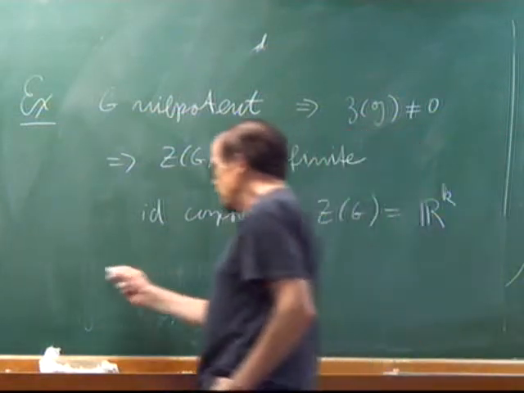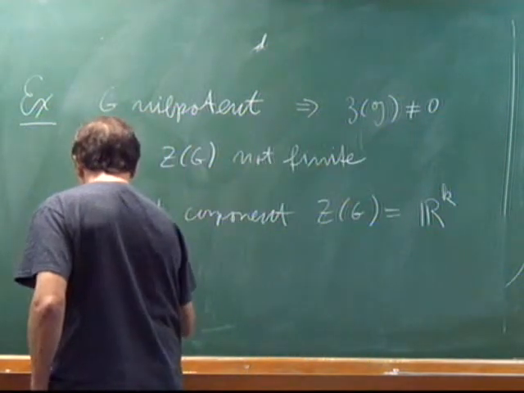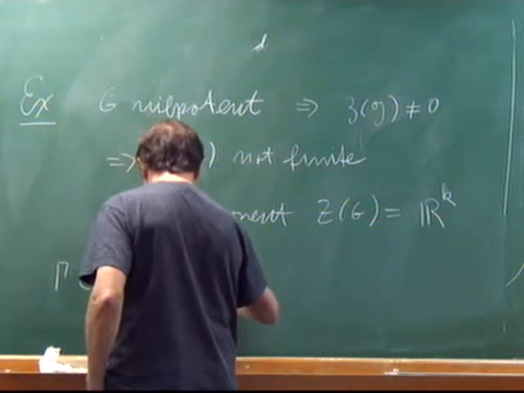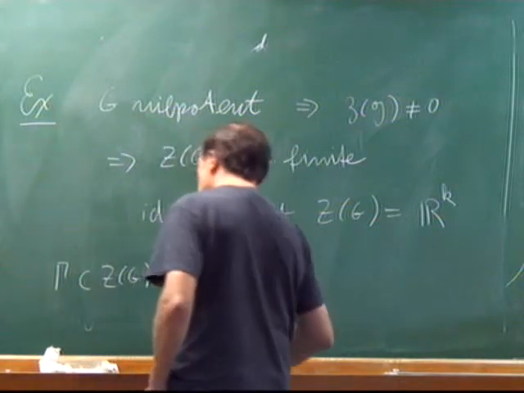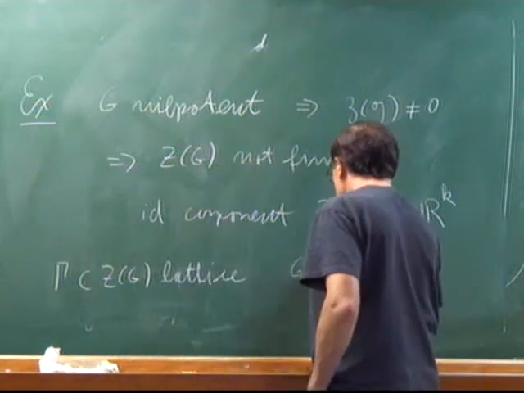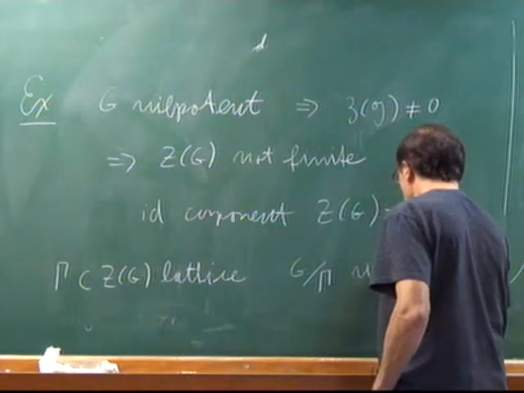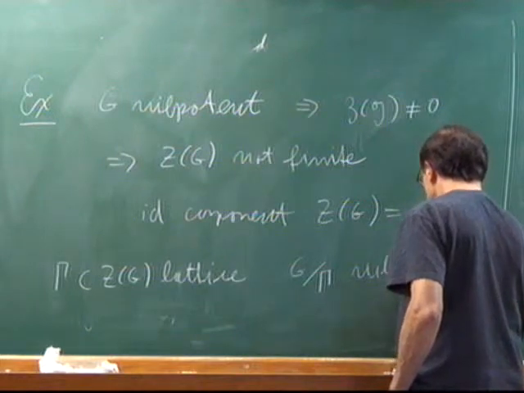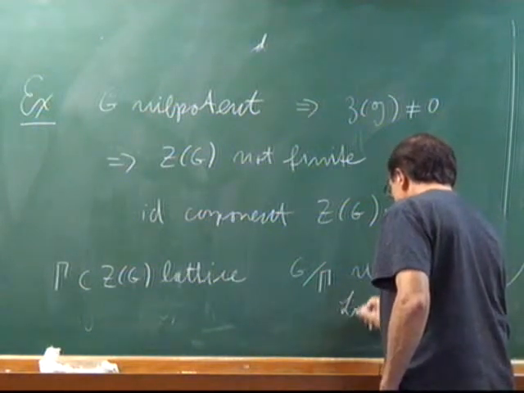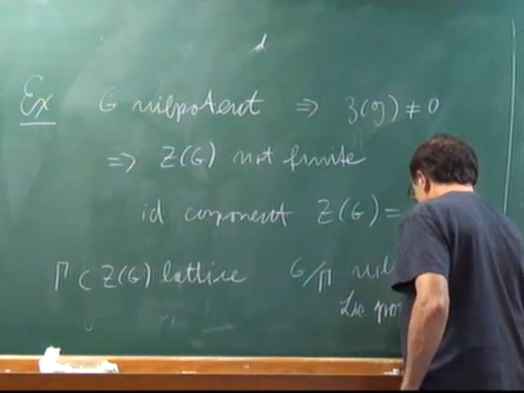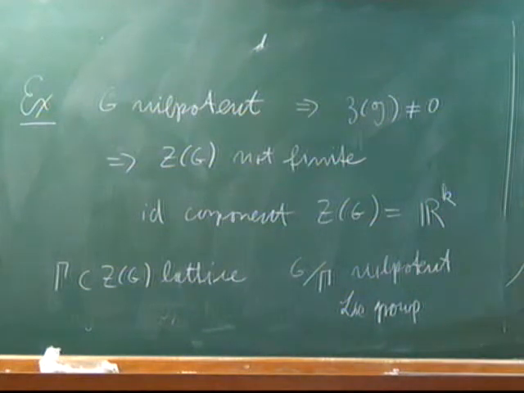And now remember, I can take any lattice inside the center. Then this implies that G mod the lattice is also a nilpotent Lie group. But it's a Lie group, we discussed that before.